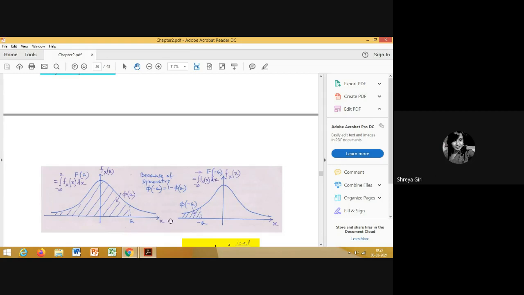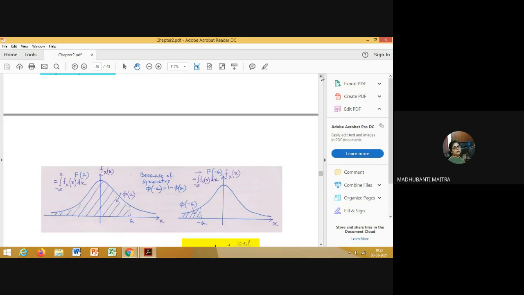Yes, ma'am. So this is the area. At this point the value of x is minus a, and this is the area where the value of x varies from minus infinity to minus a. And because of the property of symmetry, we can see that this area is equal to this area.